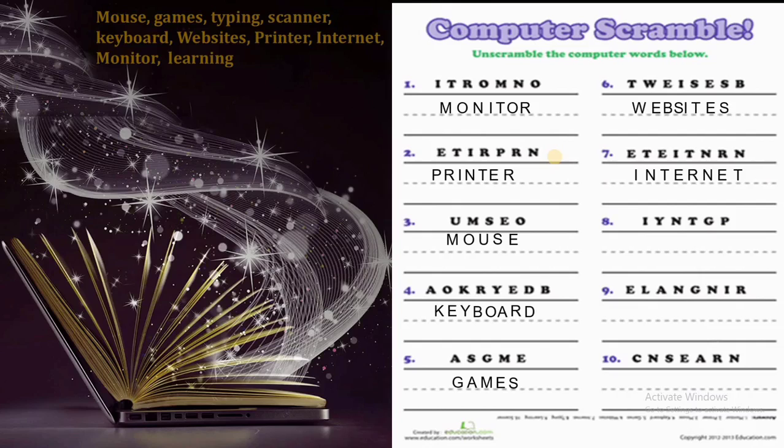Now see the 8-number question. I, Y, N, T, G, P. Now you have to unscramble it. First of all, find in which word I, Y, N, T, G, P come from the given options.